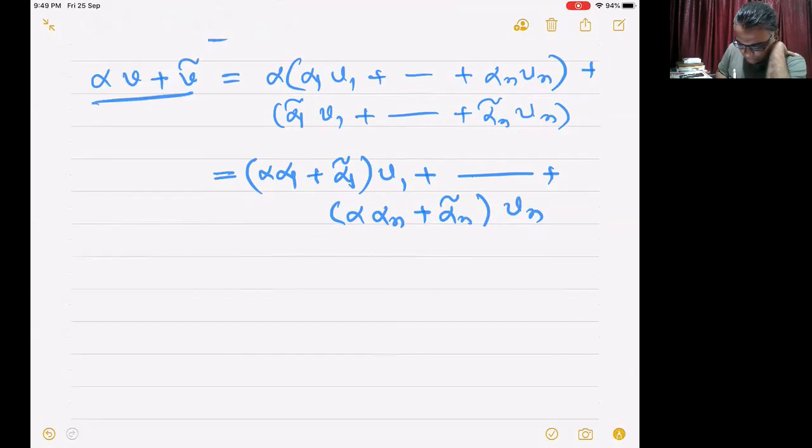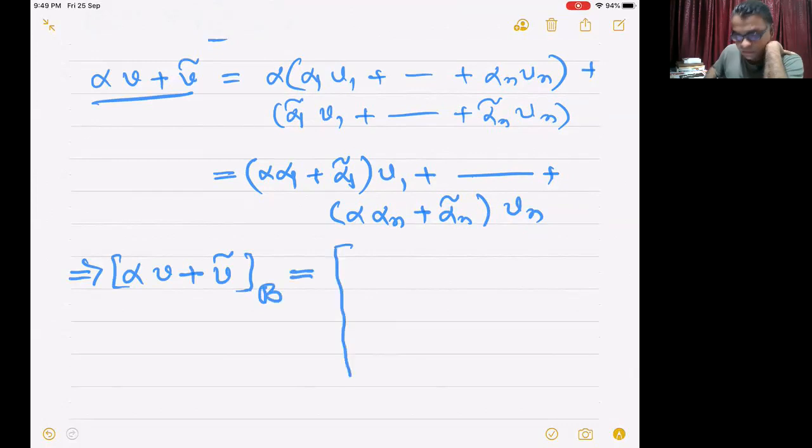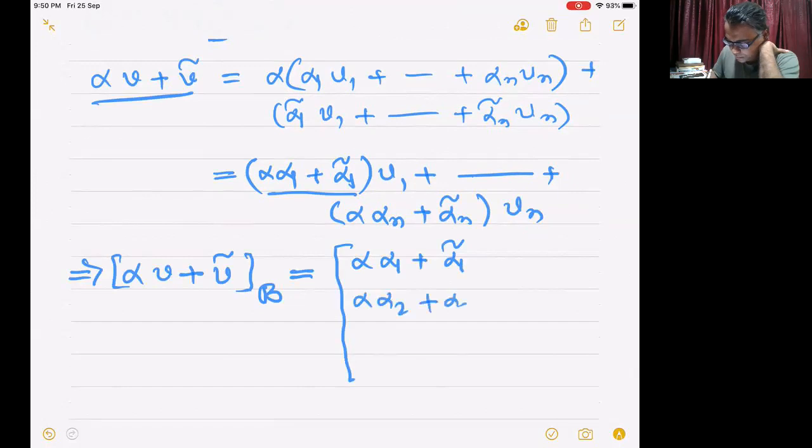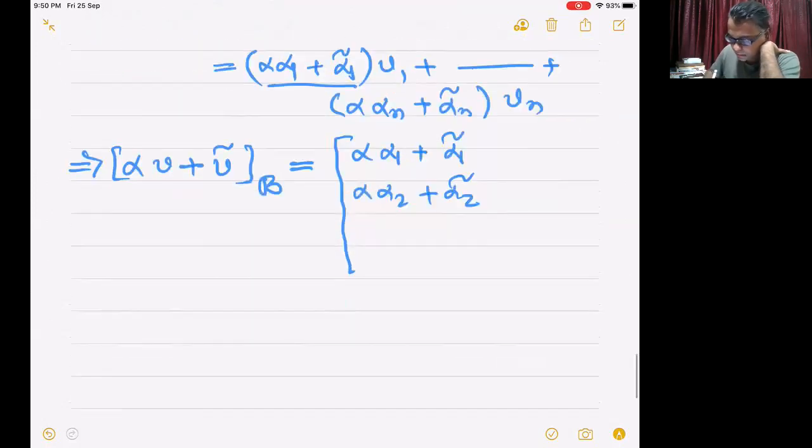So from the rule of this map of representation, the representation of this in terms of this ordered basis is obtained by stacking up the coefficients. What is the first coefficient? This one, which happens to be alpha alpha 1 plus alpha 1 tilde. Second coefficient, alpha alpha 2 plus alpha 2 tilde, although I have not written it, I am sure you can guess this. Finally, alpha alpha n plus alpha n tilde.